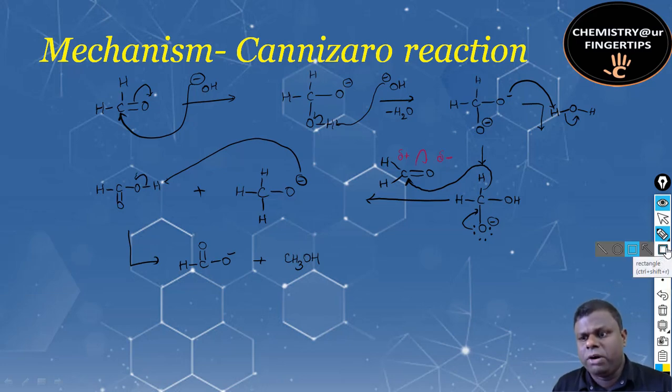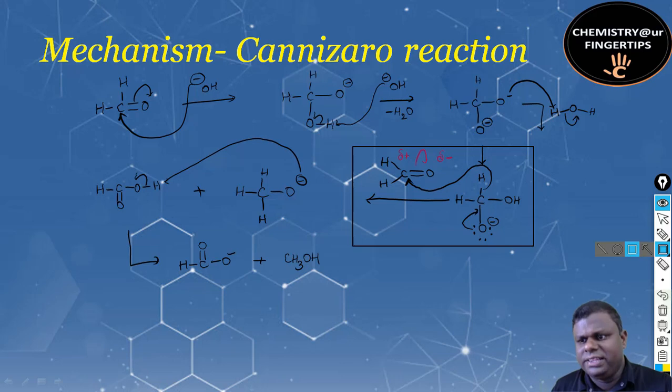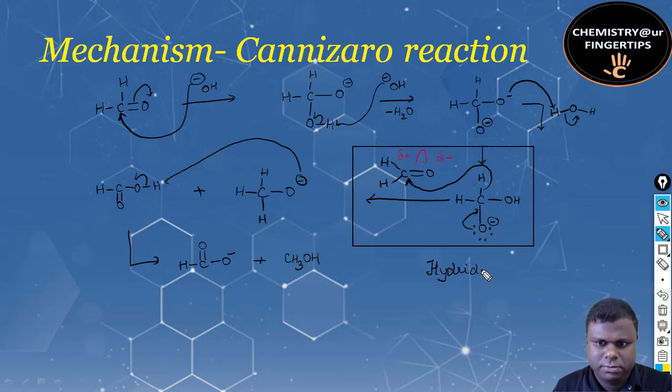Now the most important and the crucial step is this step, right? And this step is called the hydride transfer. So this is nothing but the hydride transfer. Okay, so this hydride transfer is going to give us the product.